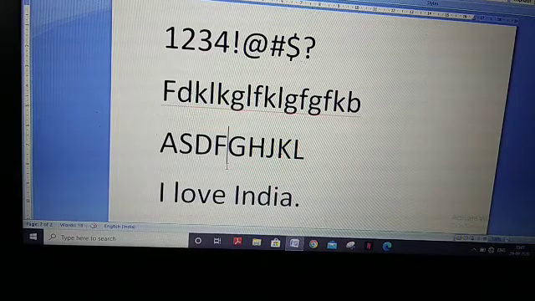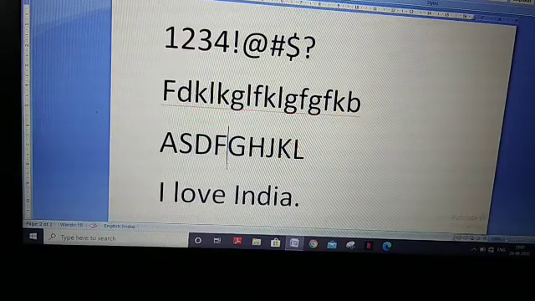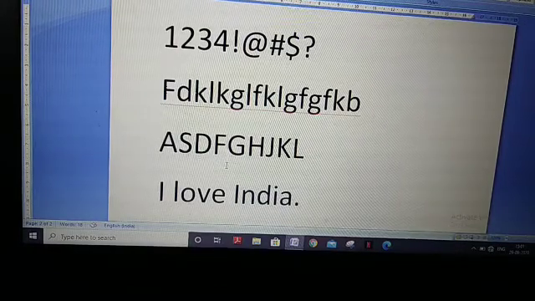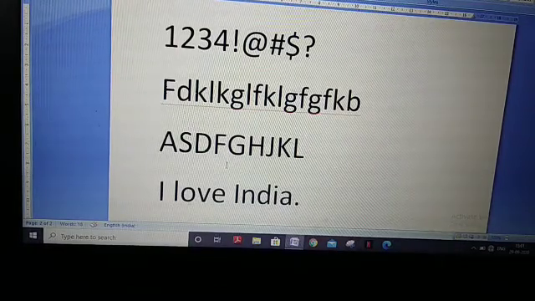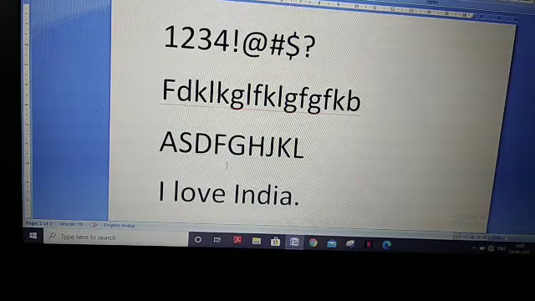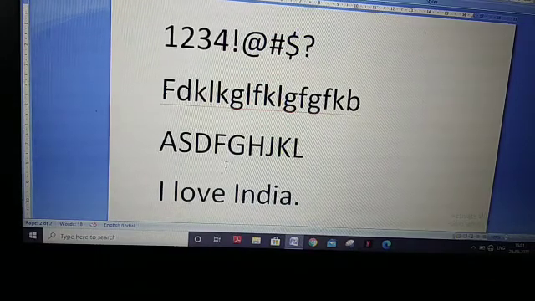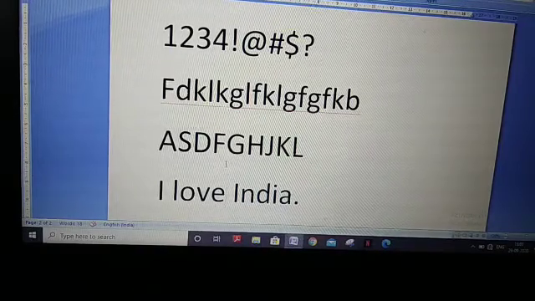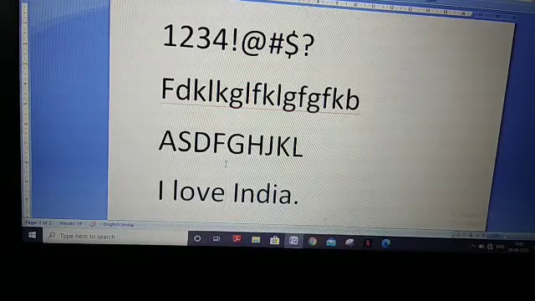Now the next keys are the home key, end key, page up key and page down key. Very interesting keys. Now you see my cursor. Where is it? It is in between the two words love and India.